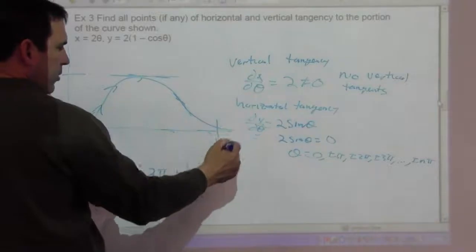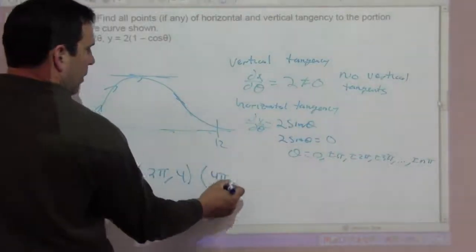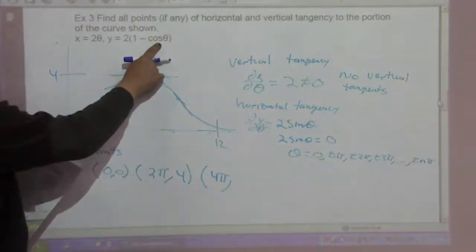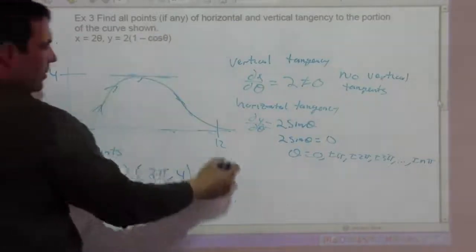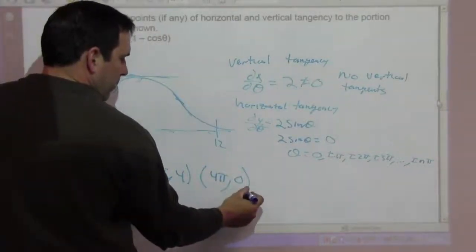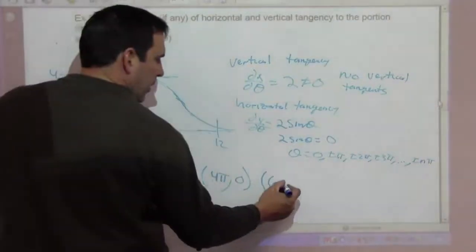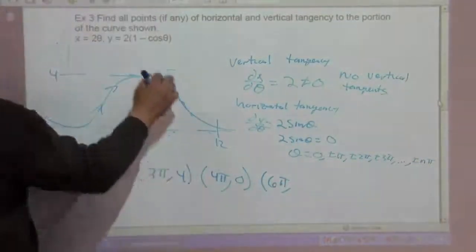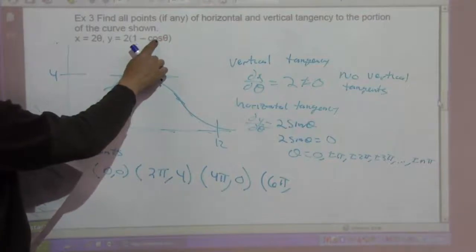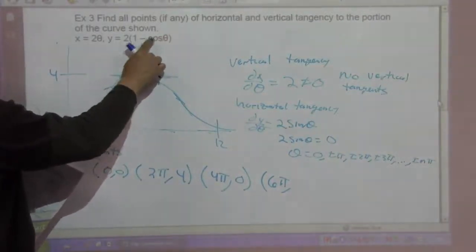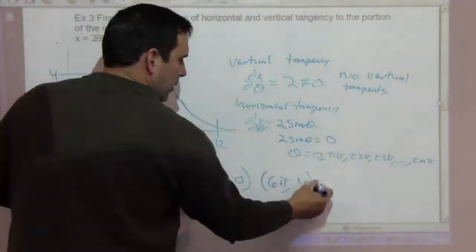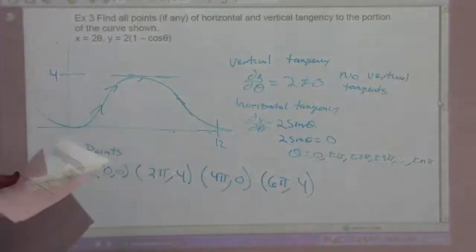For 2π, 2 times 2π is 4π. Cosine of 2π is 1. 1 minus 1 is 0, so that's 0. Put in 3π. 2 times 3π is 6π. Cosine of 3π is negative 1. 1 minus negative 1 is 2. 2 times 2 is 4. Starting to see a pattern there.